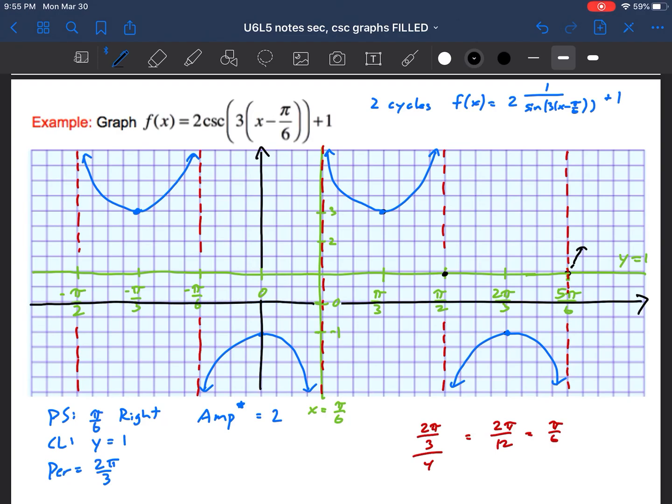So really, this was our starting point, right? Here's the origin, 0, 0. So we went over some distance and up, right? And that's because of this phase shift right and this vertical shift up. All right. One more thing, just bothering me. I want to get rid of that. So that's good enough. Hope that makes sense.